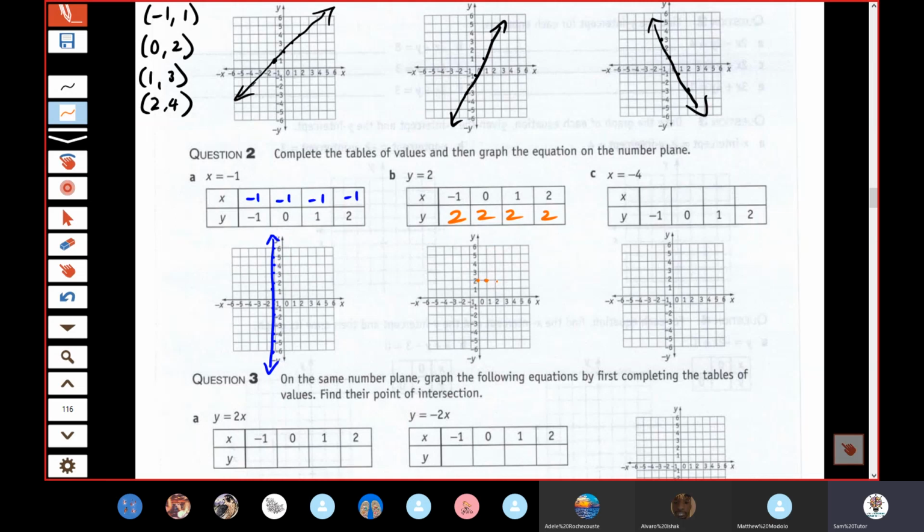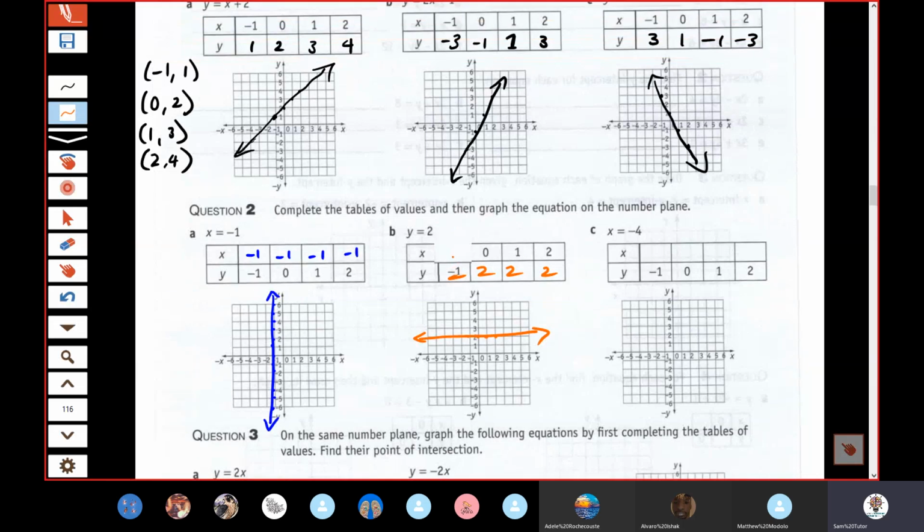If the y value is always 2, it will look like a horizontal line at 2. Does that make sense? So essentially, the other letter is not impacting it.